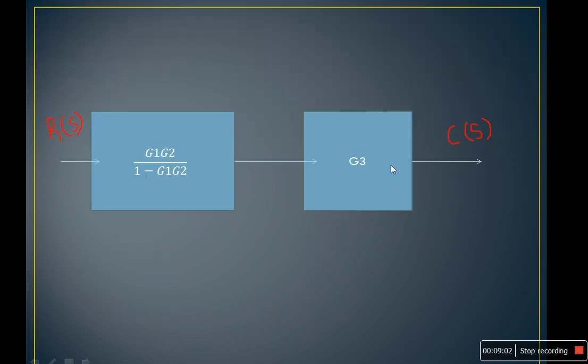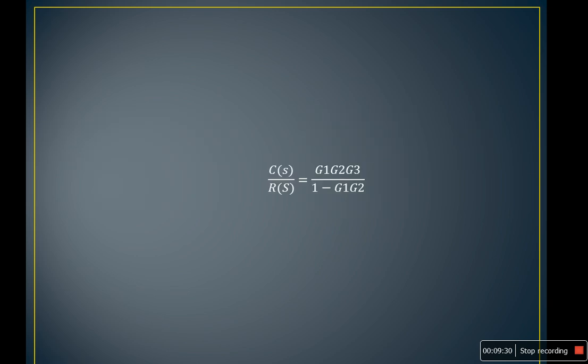Whenever two blocks are connected in cascade, the overall transfer function is nothing but the multiplication of individual block gains. That is G1 G2 by 1 minus G1 G2 multiplied with G3, which gives G1 G2 G3 by 1 minus G1 into G2.